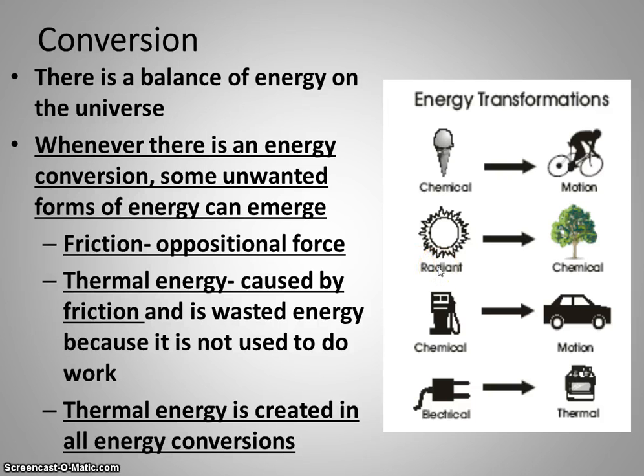Radiant energy is another name, once again, for light energy, and it is converted by plants into chemical energy, which once again later on we may eat, boom, and convert into the energy of motion. The chemical energy held in the chemical bonds of gasoline is used by our car to convert that into the energy of motion, that kinetic or mechanical energy of motion.